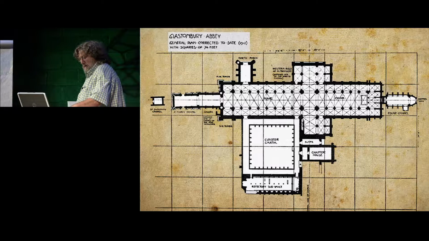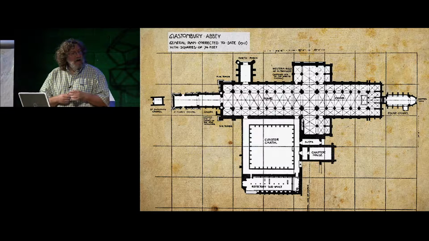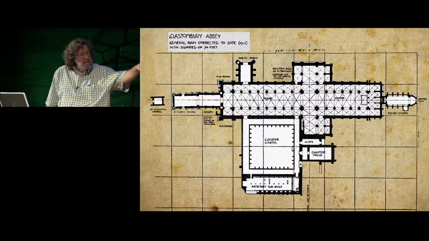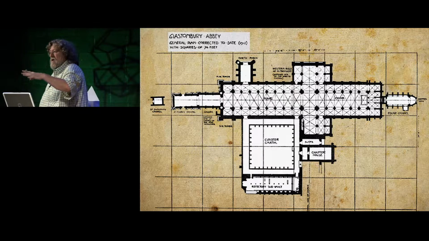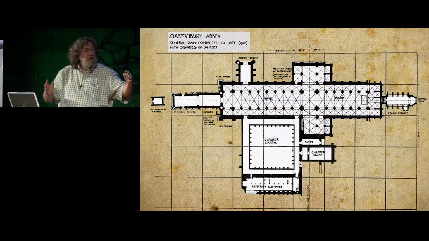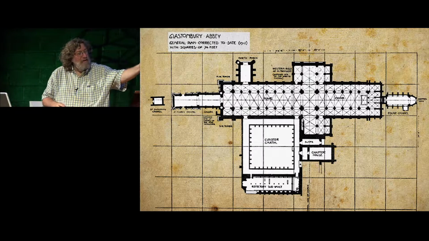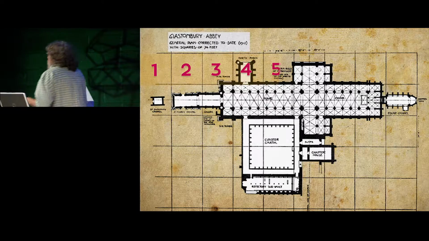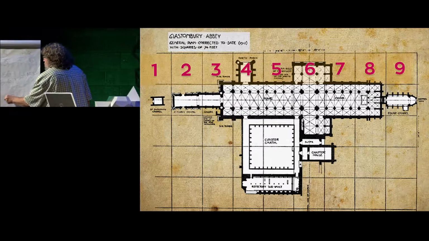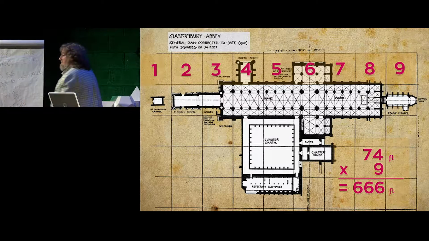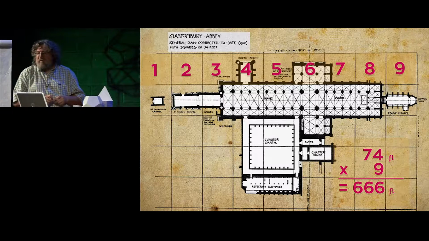Well, he ended up getting in trouble and getting fired from his position, because when he exposed this, he said, well, it's built on a grid of squares 74 feet on a side, and the full length of the Abbey, if you count, is 9 squares. Well, 9 squares times 74 turns out to be 666 feet.